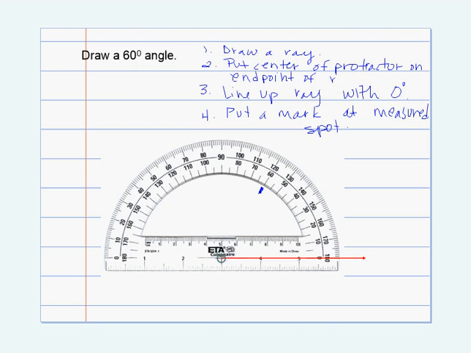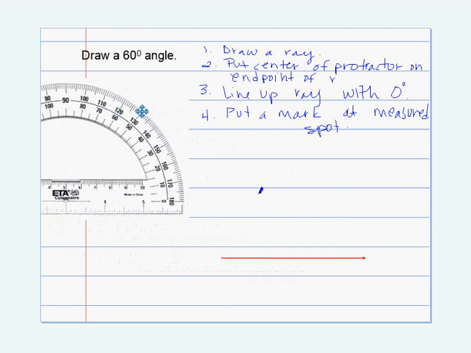Then we're going to move our protractor out of the way. And we're going to use a straight edge to connect our end point and the point we drew on our paper. And then we're going to say this is 60 degrees.